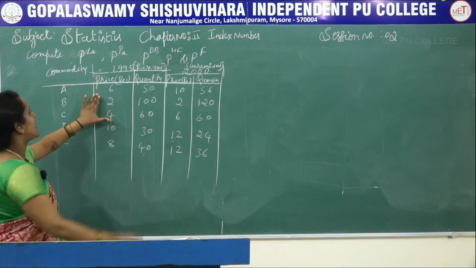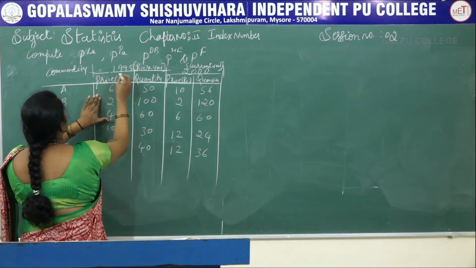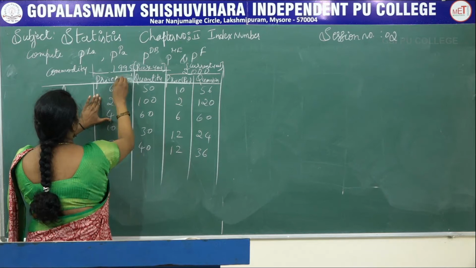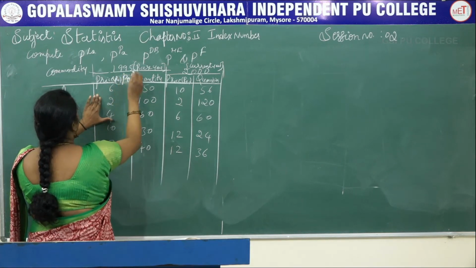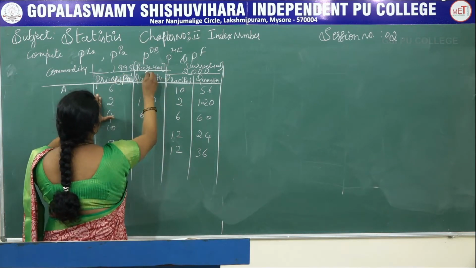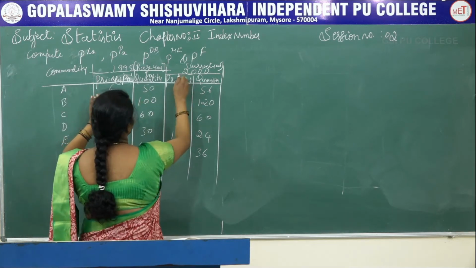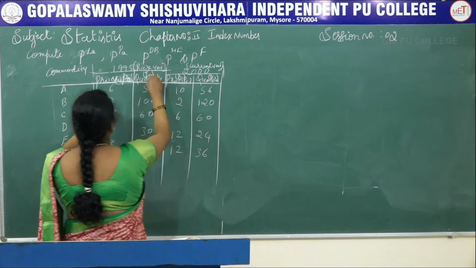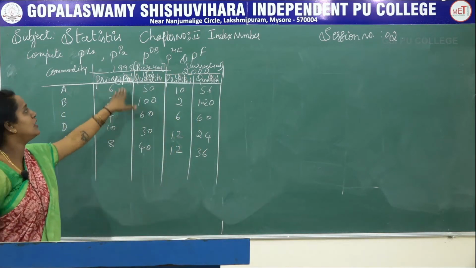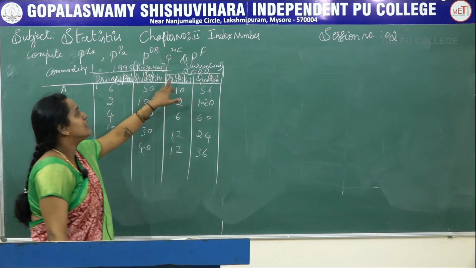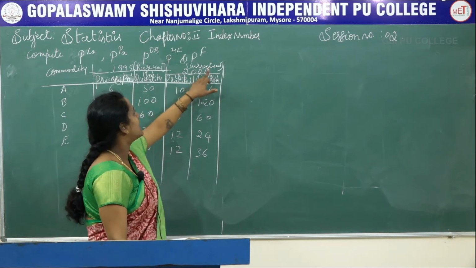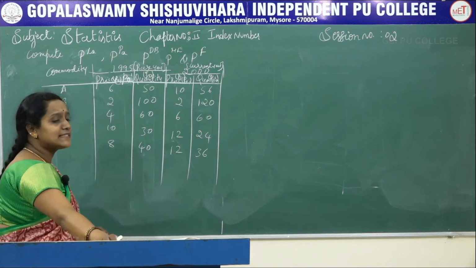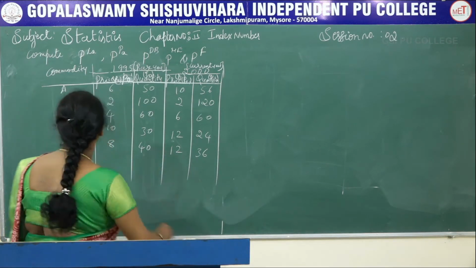Base year price is denoted with P naught, base year quantity is Q naught, current year price is P1 and current year quantity is Q1.